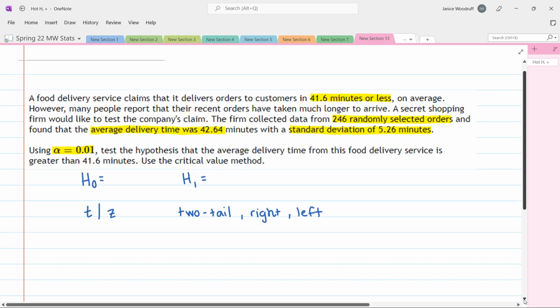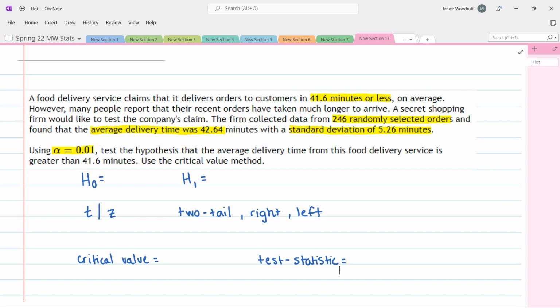And then we're going to find the critical value. And then we're going to find the test statistic. And then finally, we're going to say whether we're going to reject or fail to reject. Okay, so work on this. You're going to follow the same steps that we've been doing for the last 3 problems. All right, you guys ready?